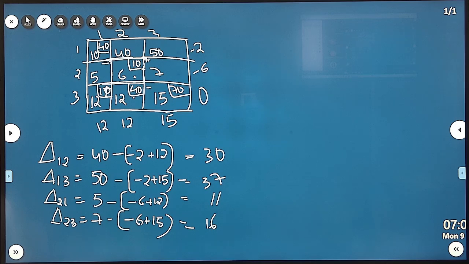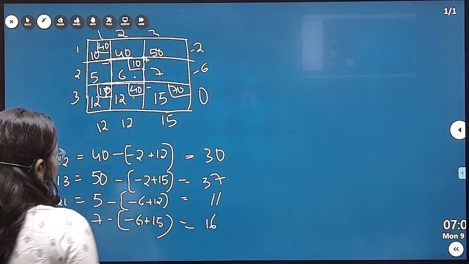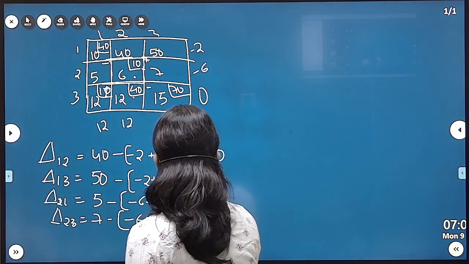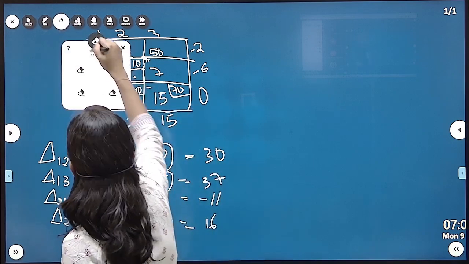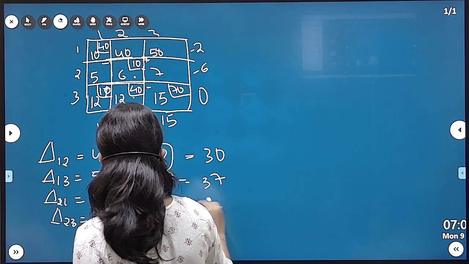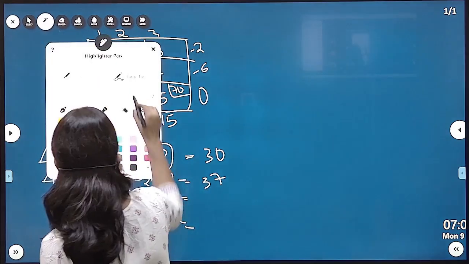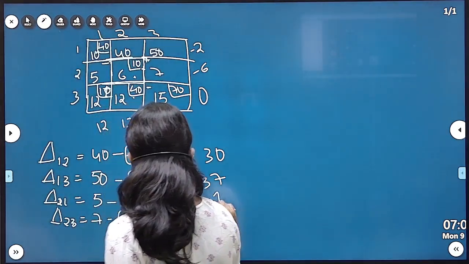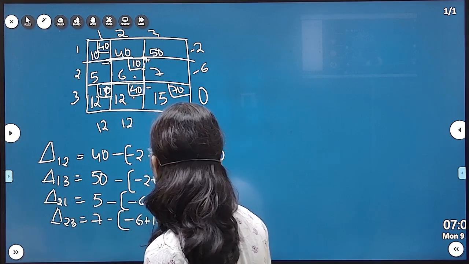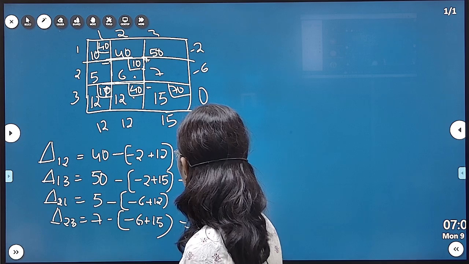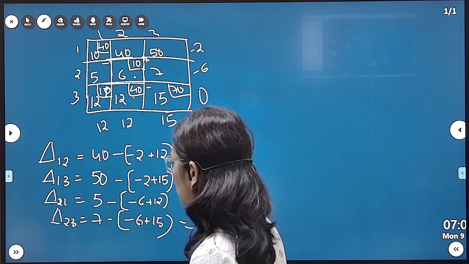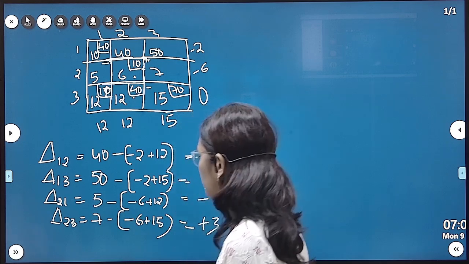Ma'am, will delta 2 1 be minus 1? Minus 1, yes. Delta 2 3 also will be minus 1, and this one minus 3, only 3 plus 3.